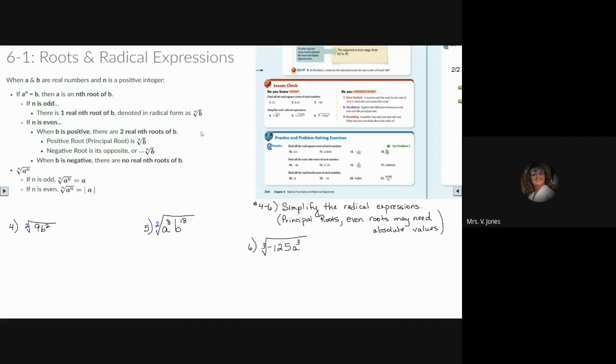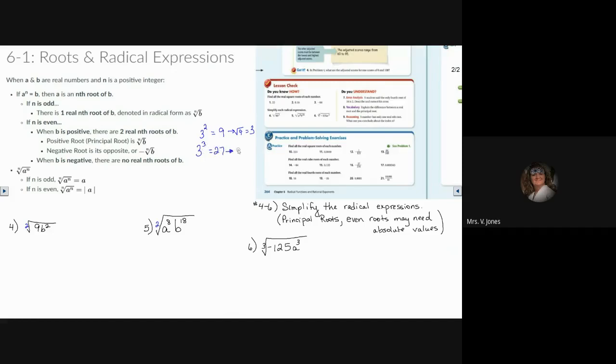If we have 3 squared, we get 9. So that tells us that the square root of 9 is 3. We can work it backwards. What if I wanted 3 to the 3rd? 3 times 3 is 9, times another 3 is 27.